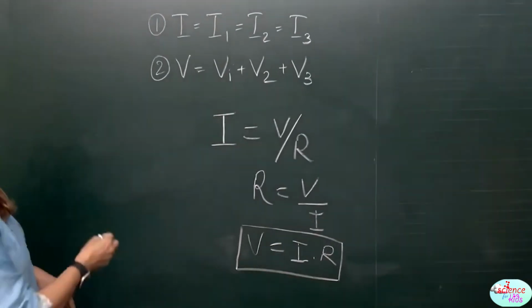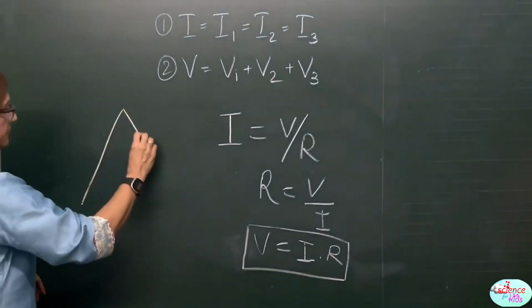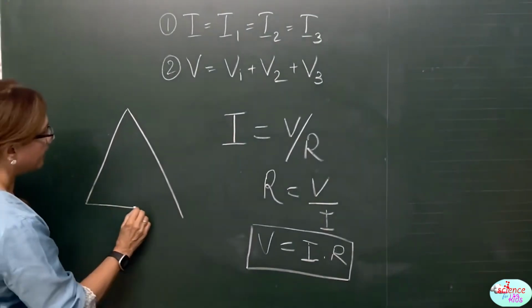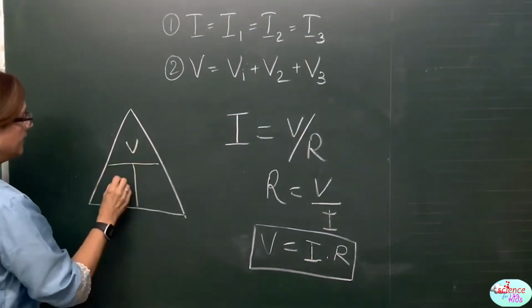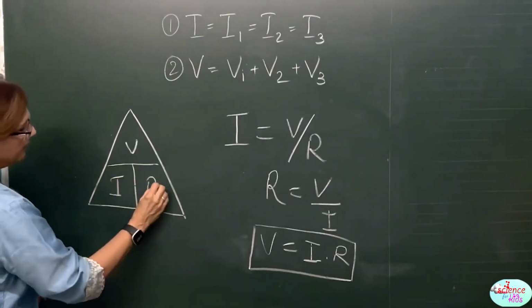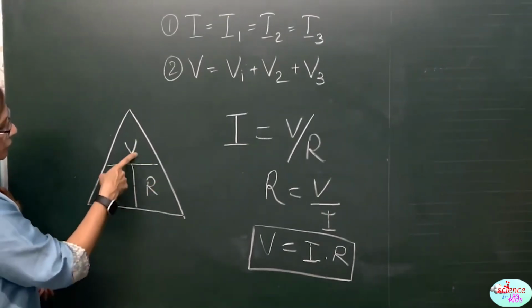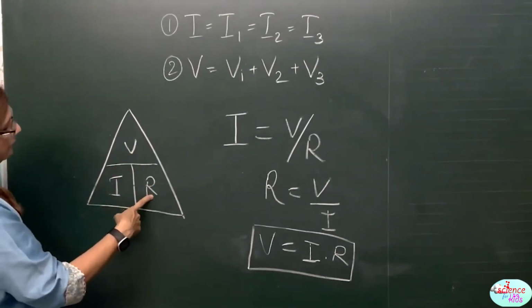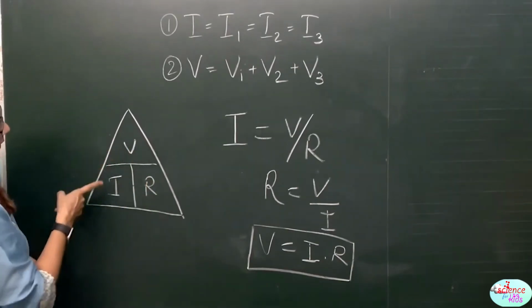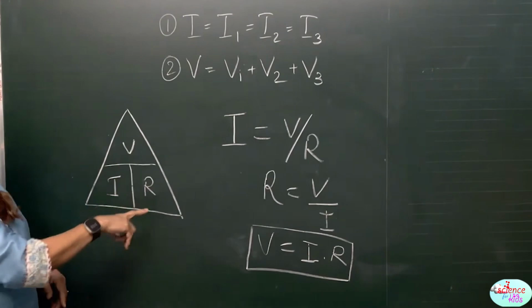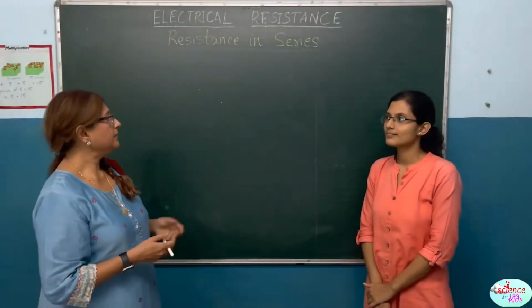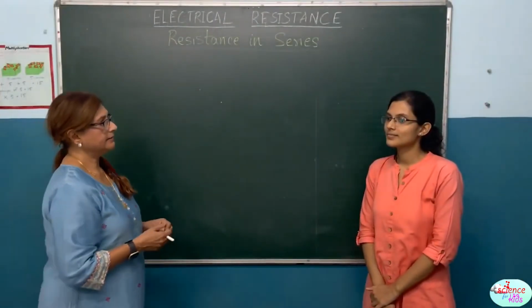An easy way to remember this is by using the VIR triangle. So I will be equal to V over R, R will be equal to V over I, and V will be IR. Can you draw a circuit showing 3 resistors connected in series?